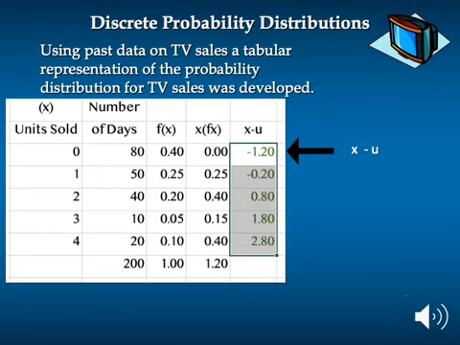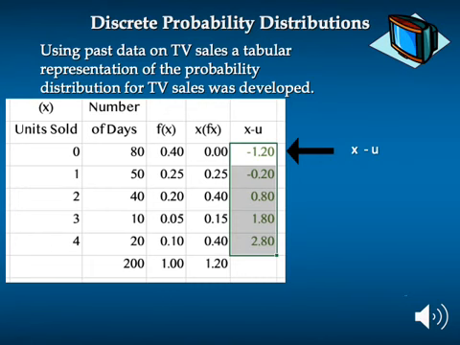The next column, when we're solving this problem, is x minus u. X we know is 0, and u we just developed is 1.20. So 0 minus 1.2, that's where we get our negative 1.2. 1 minus 1.2 gives us negative 0.20, and so on down the whole list.